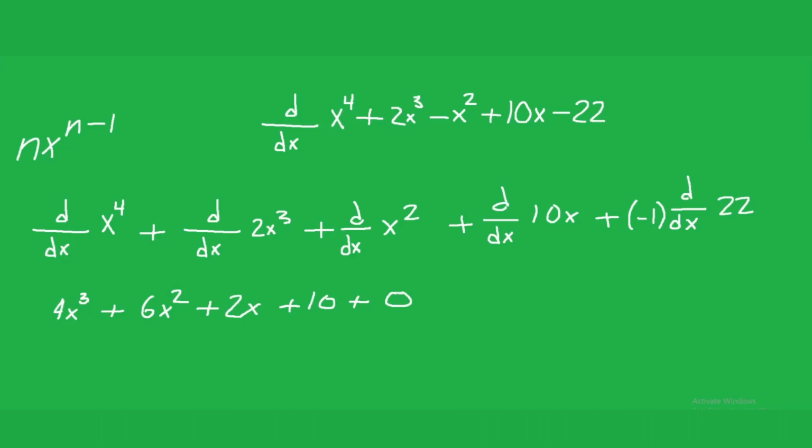And in case you're wondering why the derivative of any constant is 0, just think of a graph and think of a flat line. Let's say we have y equals 2. If we were to write that in the difference quotient, what we're going to have is 2 minus 2 over delta x.